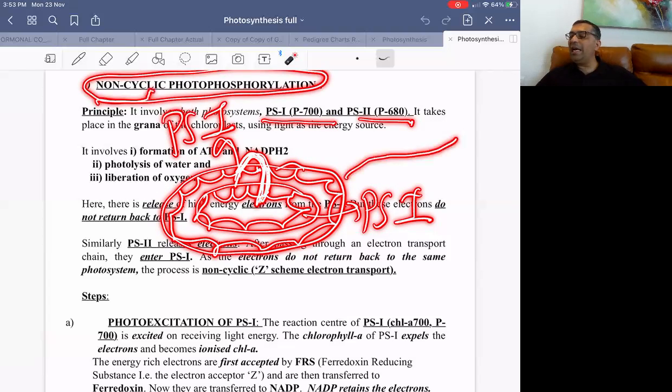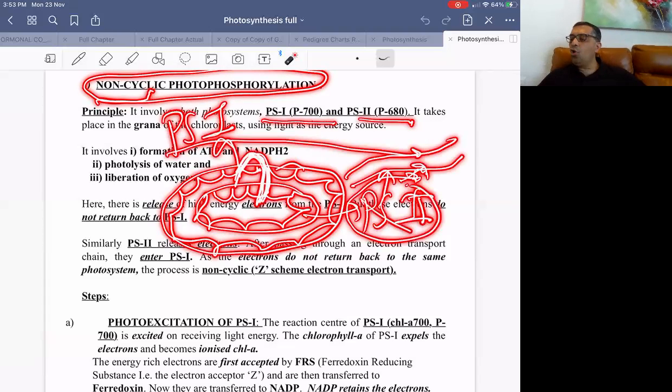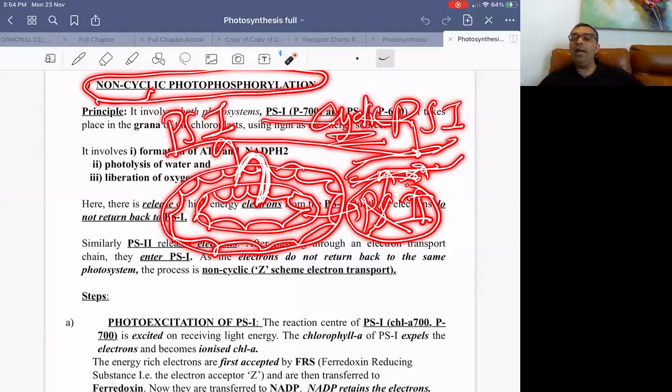हाँ, intergranule lamellae में PS1 तो होता है, but PS2 नहीं होता है. Not in the intergranule lamellae. So intergranule lamellae, which have got PS1, participate only in cyclic photophosphorylation, to produce ATP.